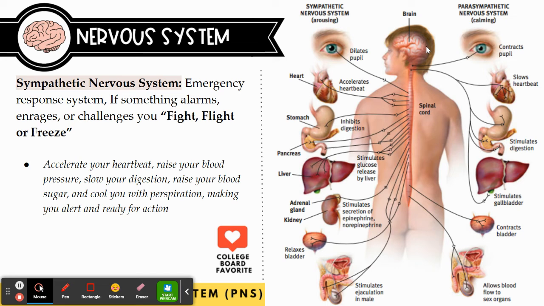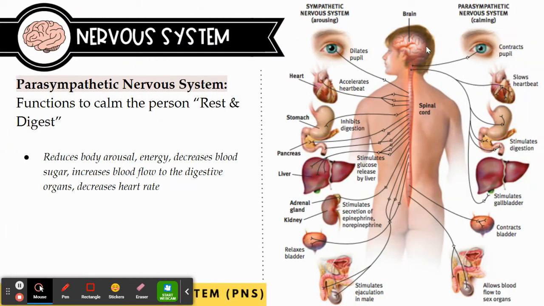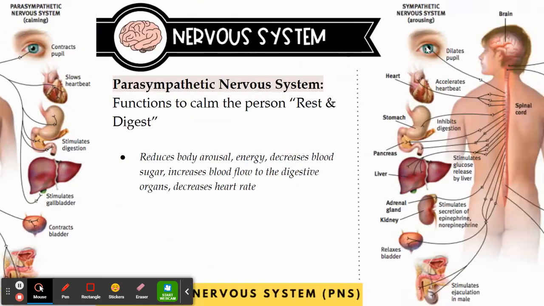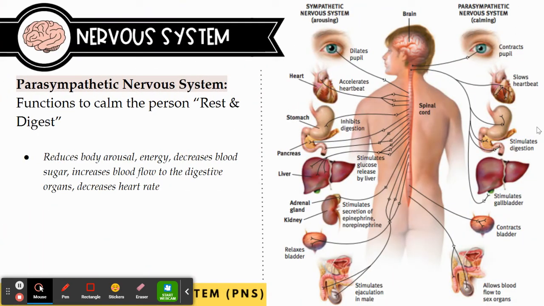Digestion comes back, the gallbladder is stimulated, blood sugar is more regulated, and so forth. So again, we talked about rest and digest, but the main difference between fight, flight, or freeze and rest and digest is this little chart right here. When you're resting, everything does the opposite of what it would do in fight or flight.